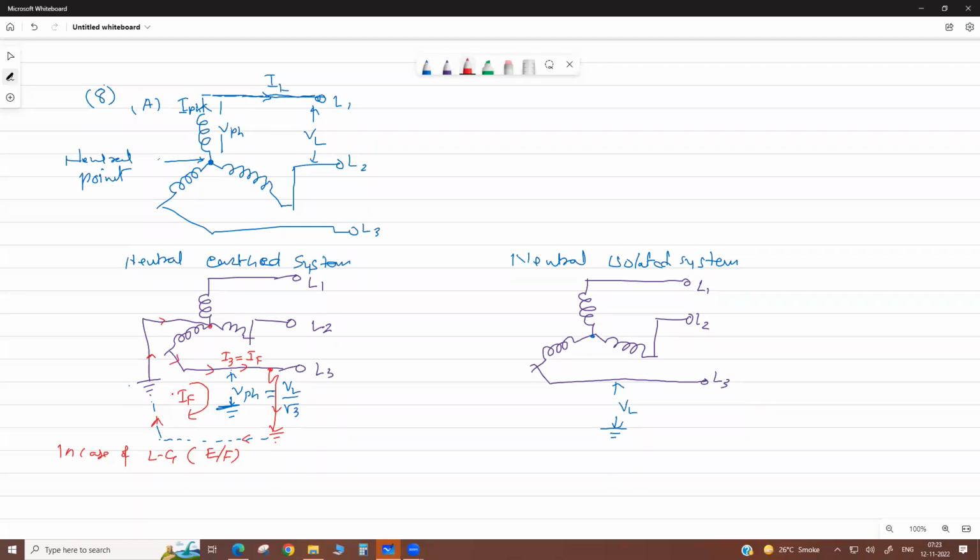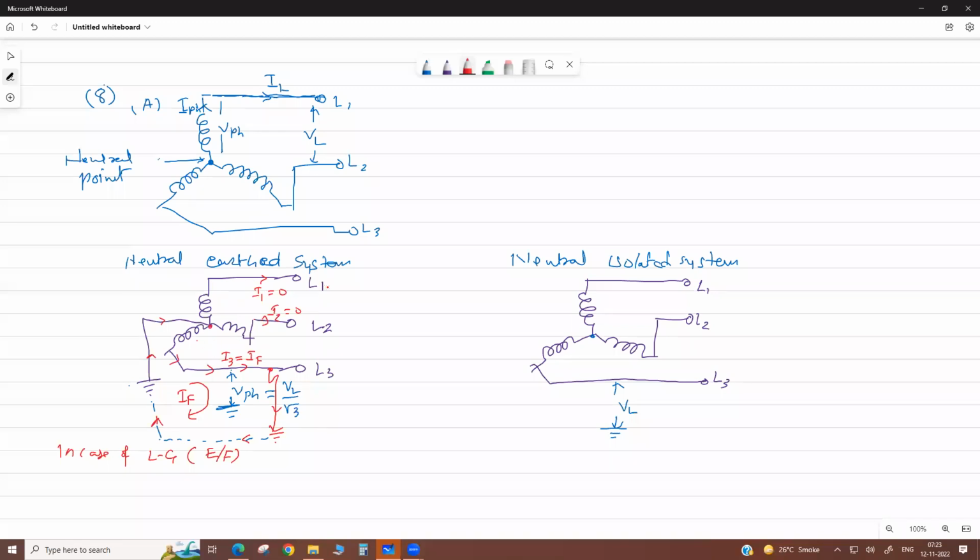It is similar to short circuit current, very high current. That means this winding may be damaged. That's why we provide earth fault protection. But the current in the remaining two phases, I1 and I2, becomes zero.